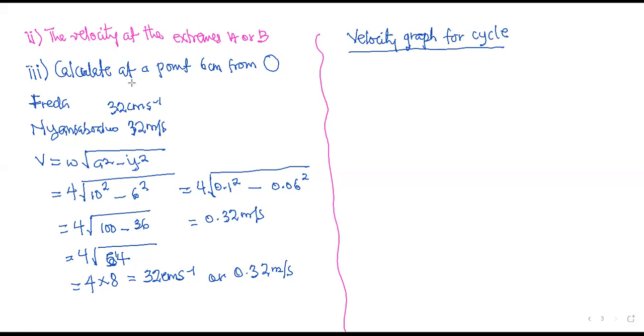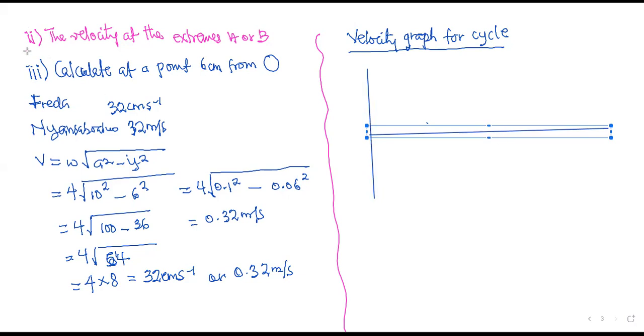So whenever you are plotting a graph, then you must use velocity with respect to angle or velocity with respect to time. And we are always looking at oscillation along the vertical. So we are using the equation v is equal to A omega cos omega t.